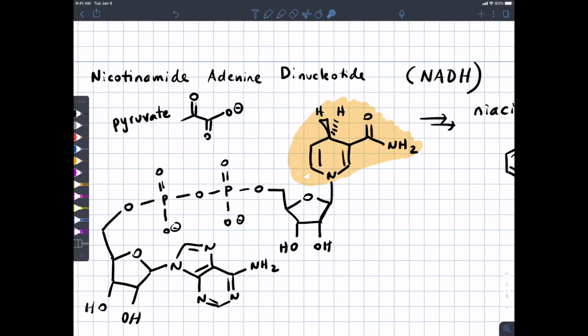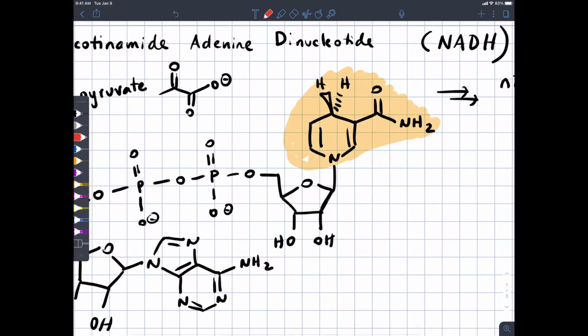But under sort of anaerobic conditions, pyruvate accumulates and NADH can reduce it. What happens is NADH, I'm going to put the lone pair there, sorry, delivers the hydride to the carbonyl compound.